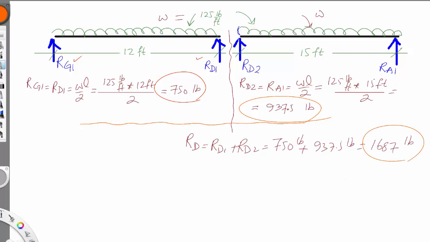So that is the value. That's the first strip that we calculated, so we'll move to the second part.